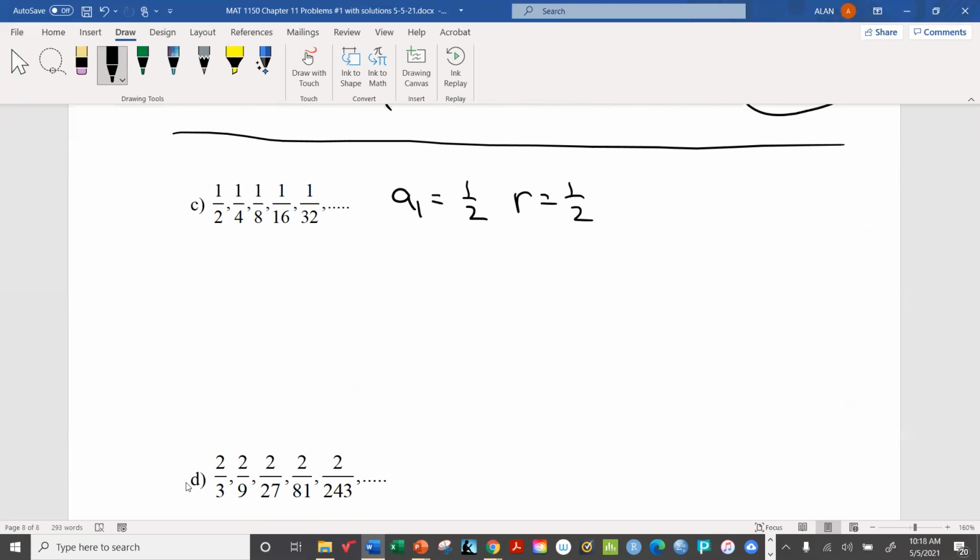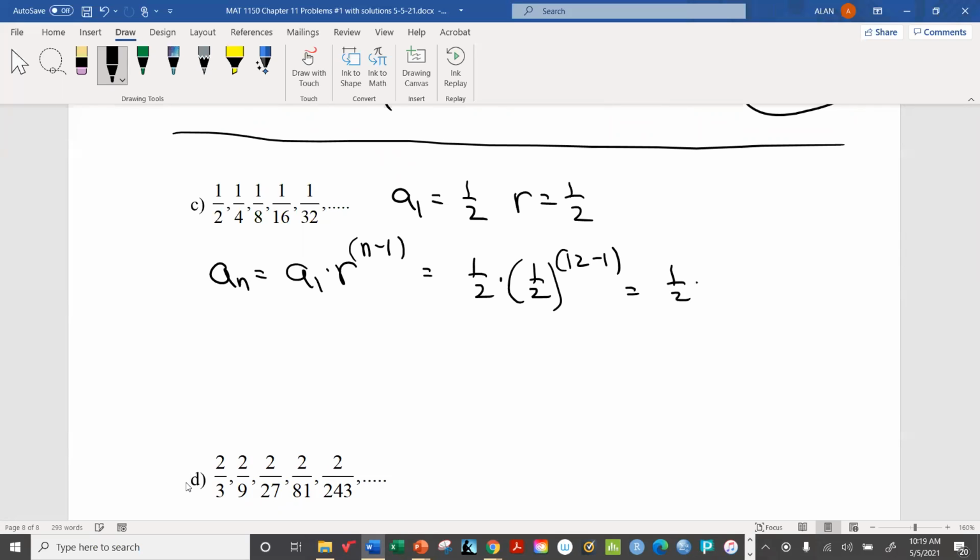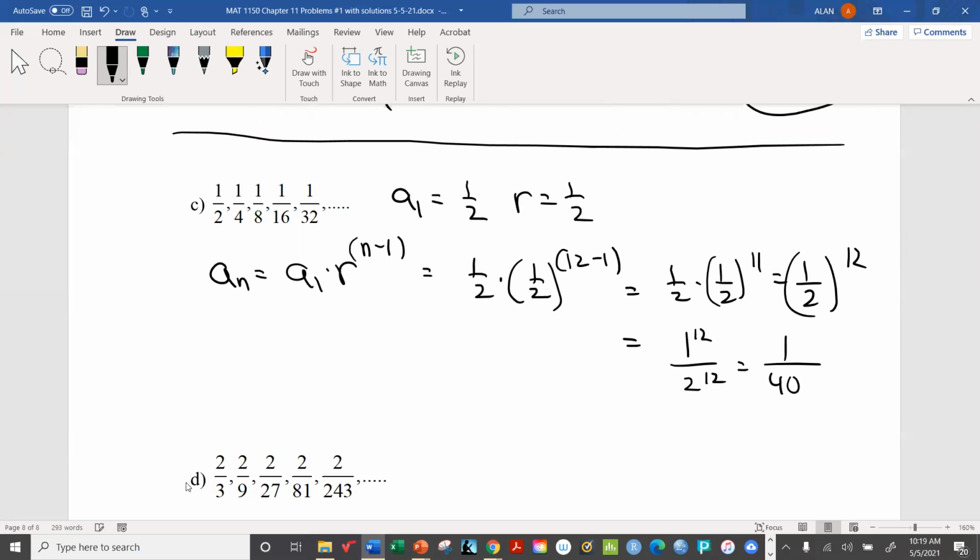Okay, so it's a little tricky. So I'll have 1/2 times 1/2 to the 11th, which is actually 1/2 to the 12th. Or you can rewrite it as 1 to the 12th over 2 to the 12th, 1 over 4096. All right, now let's not convert that into a decimal because it's just a mess. Let's just leave it like this.